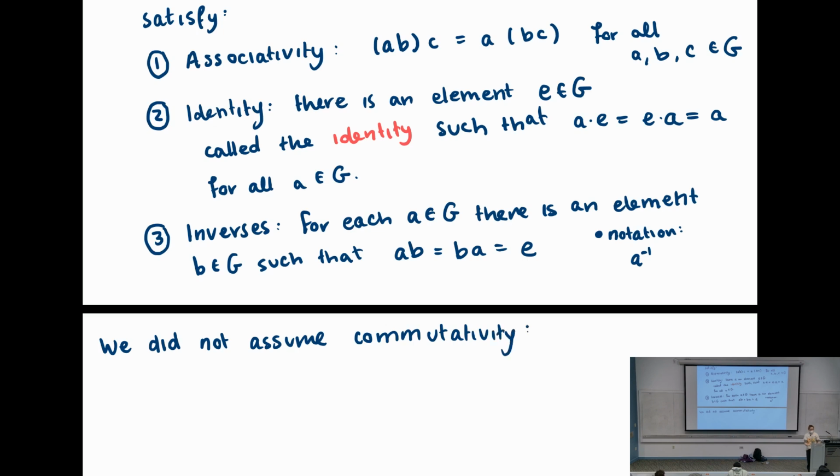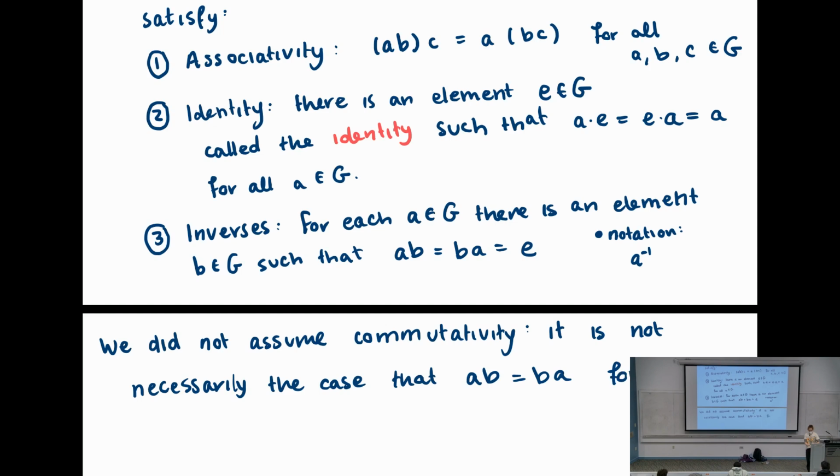What I mean by that is that it is not necessarily the case that AB is equal to BA for any A and B in the group G. So we may not be able to switch the order of multiplication.